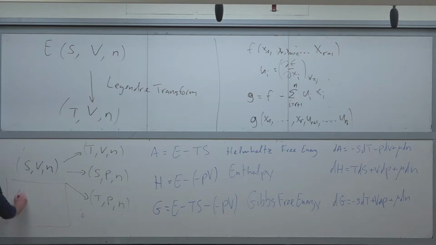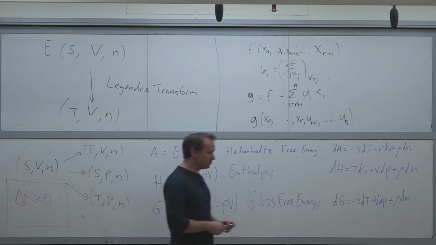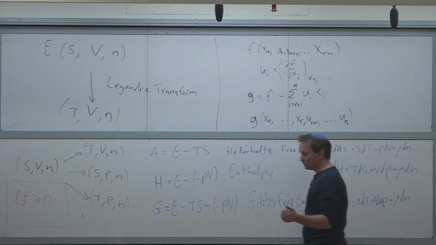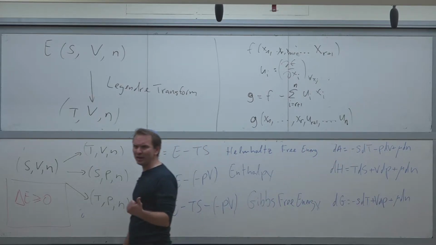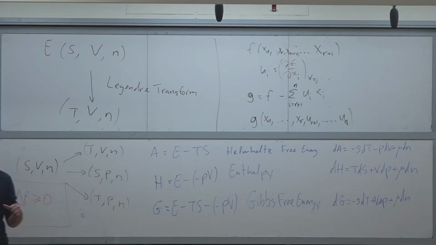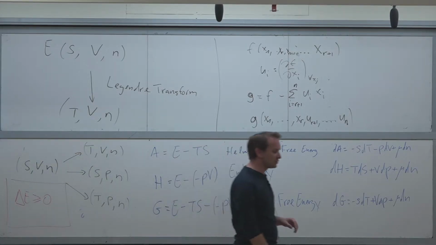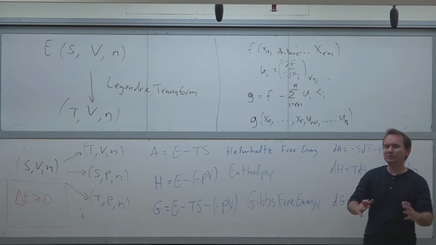Delta E under any fluctuation only grows. For entropy, it was the other way around. The entropy was at a maximum. So any fluctuations or any internal constraints while keeping energy constant are giving what? Giving smaller entropy.